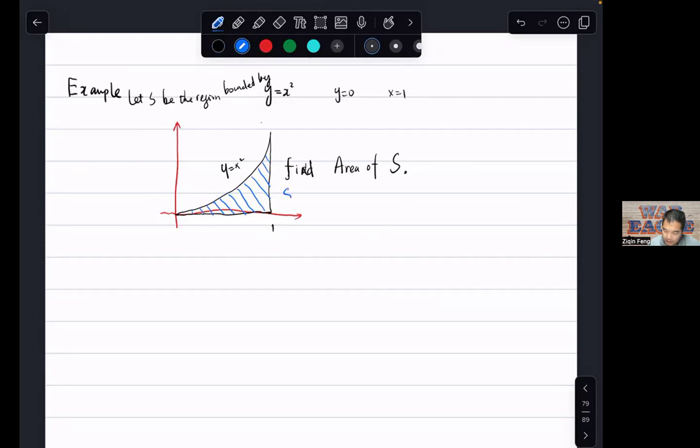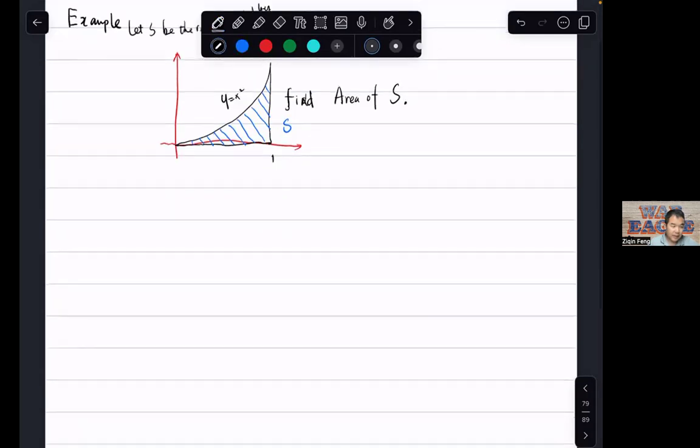So this is our S here. We want to get the area of S. And for sure, this is not a trapezoid or rectangle or anything. So we want to develop our understanding of area to such an irregular region. Let's try to do that.